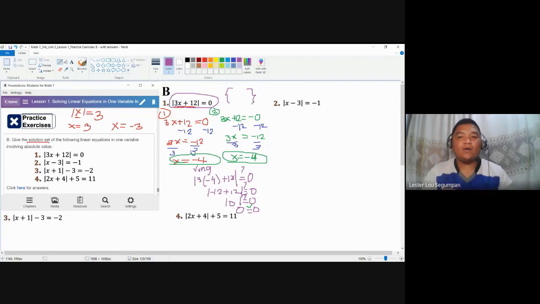However, this is now one of the important analyses that you need to make when we talk about absolute value equations. In the previous practice exercise A, in items 1 to 4, we have two possible solutions, and by checking, we determined that all of those items have two solutions. In writing them in roster form, you may interchange the two solutions. However, for this item number 1, since the right hand side is 0 and you will have the same expression for both cases, you will have the same values for x and the same checking.